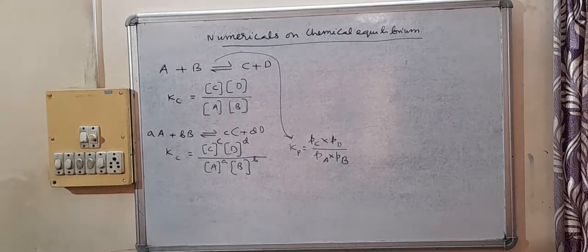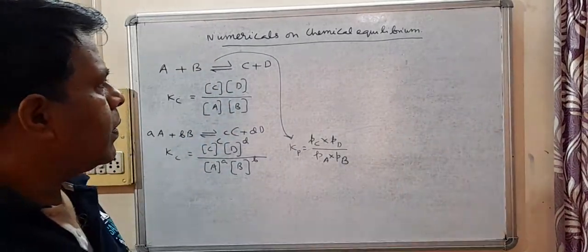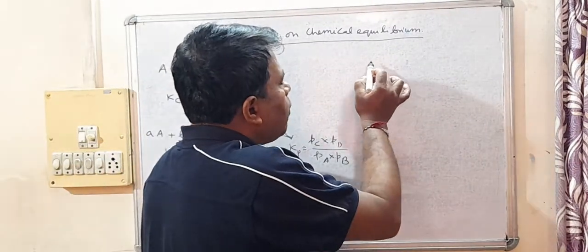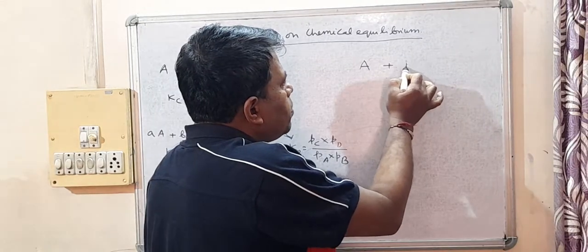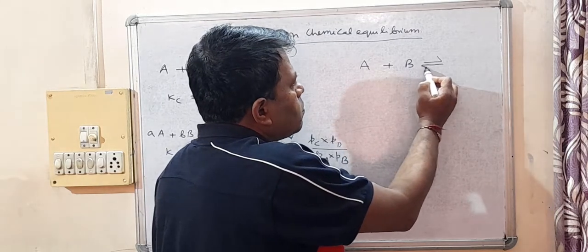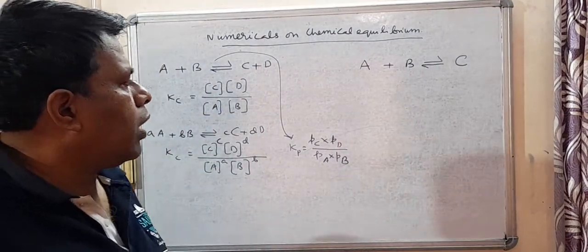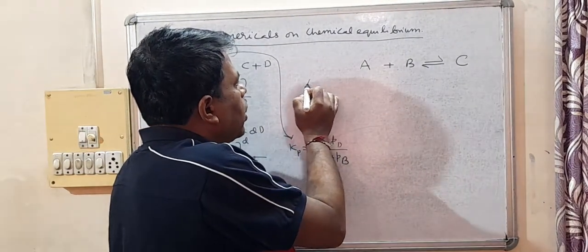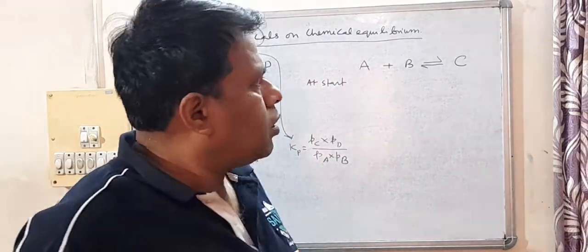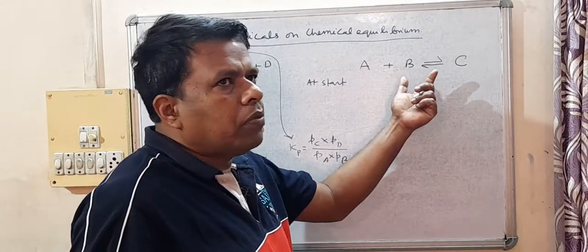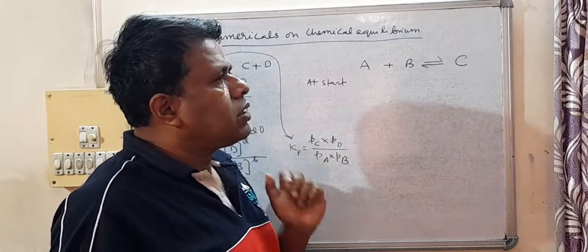First of all, I would like to give you a concept that will help you in solving numericals on chemical equilibrium. Suppose we have a system, say A plus B reversible C. When we want to attain this equilibrium, we are starting with A and B, and at the beginning C is not there.